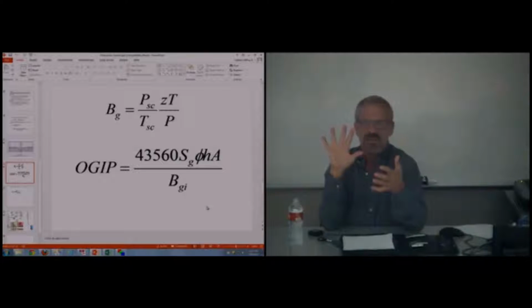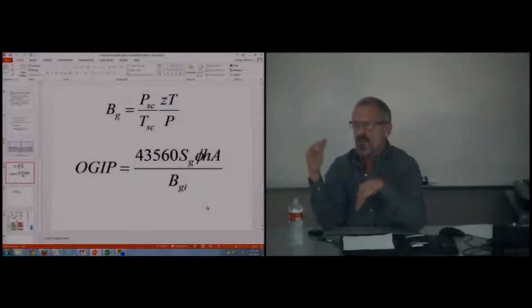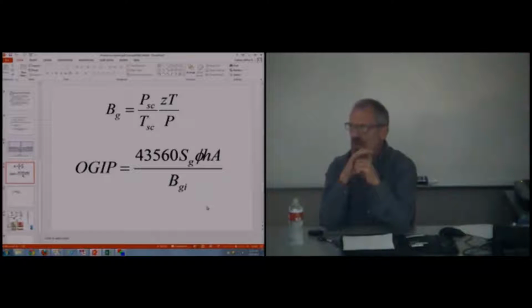Porosity is maybe 6%, maybe it's 12%, maybe sometimes it's even 20%. But the porosity is the pore space. So I have to reduce my bulk volume to my pore volume with my porosity term. And then not all that porosity has gas in it. Typically those pores are coated with water.